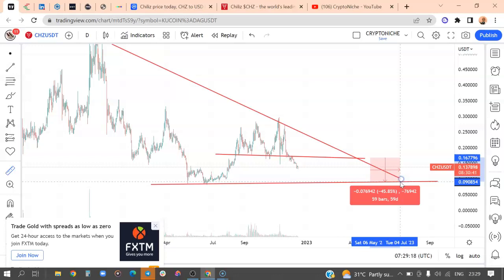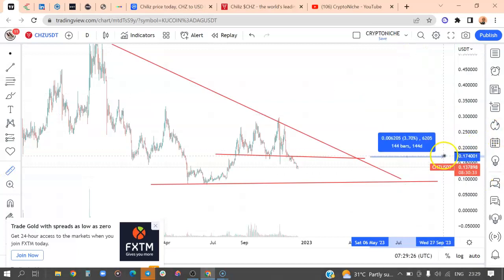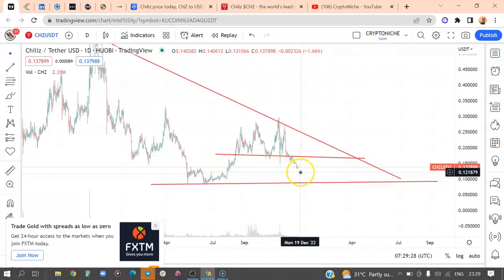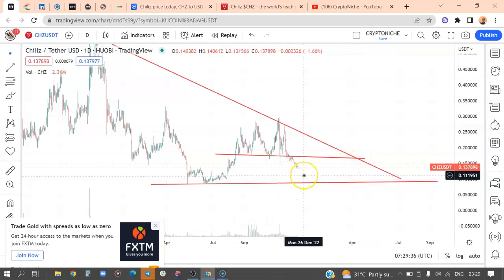What I'm saying is that there is still a possibility that Chiliz could test this support once more before it is going to rally up. I can guarantee that.